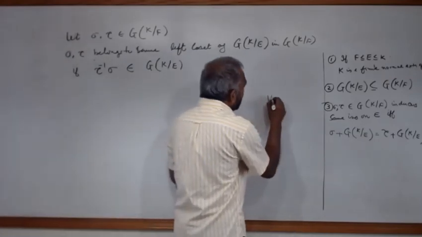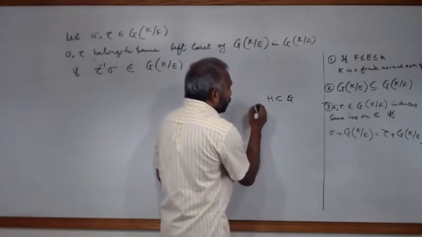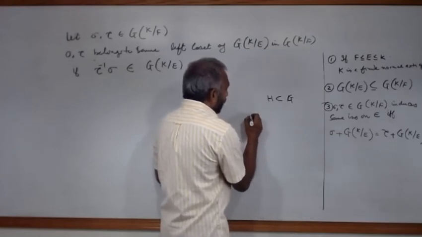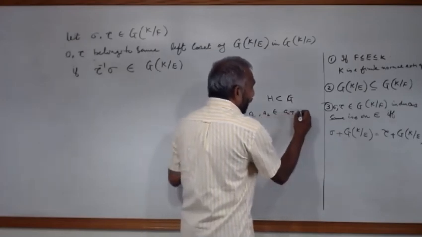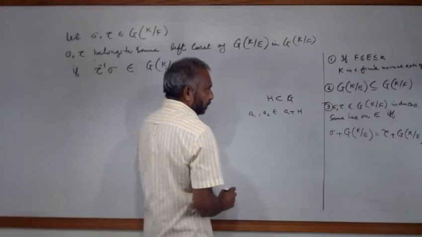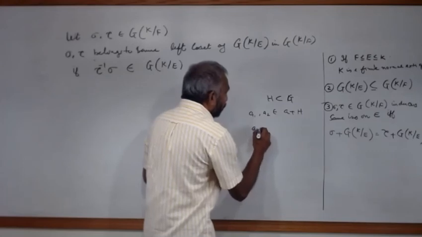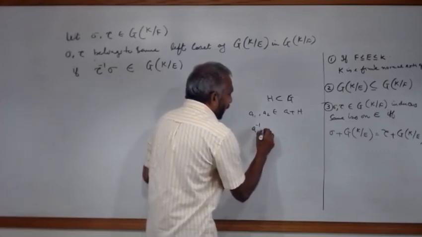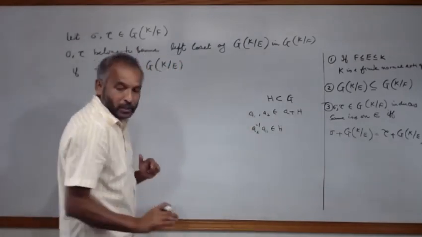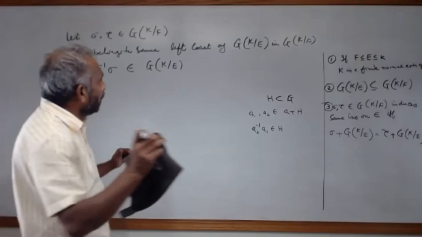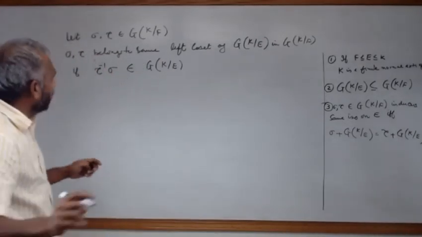See, if H is a subgroup of G, two elements A1, A2 belonging to A + H, then A2 inverse A1 should belong to H. So that is the result I'm using here. It's coming from group theory.